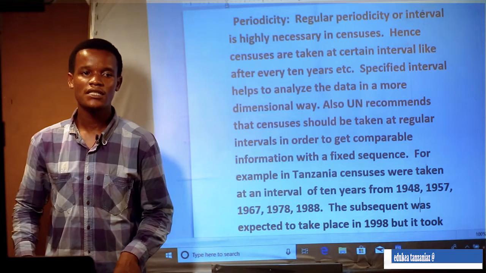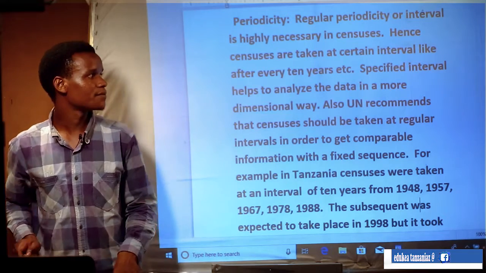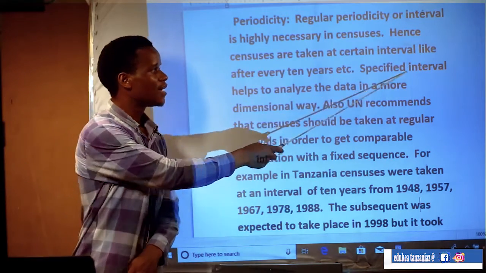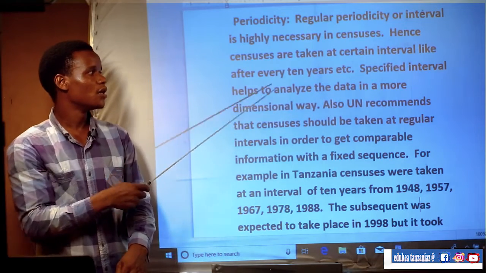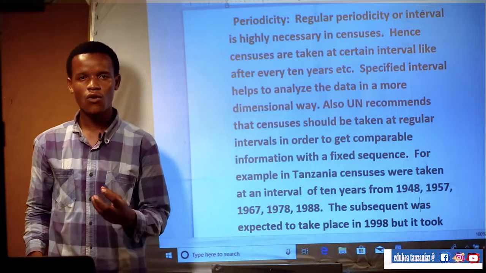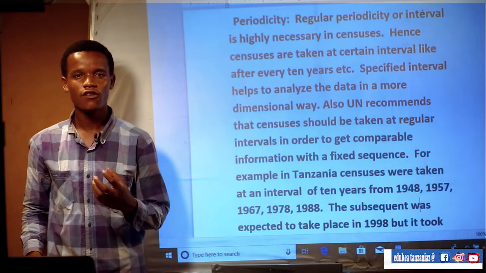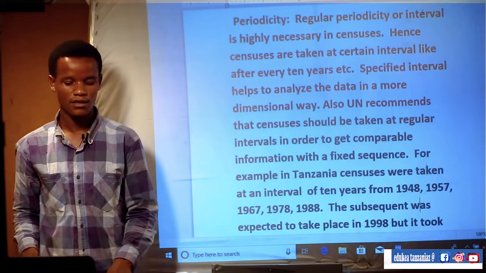A specified interval helps to analyze the data in a more dimensional way. Why do we specify an interval of time? In order to get accurate information concerning the population of a certain country.